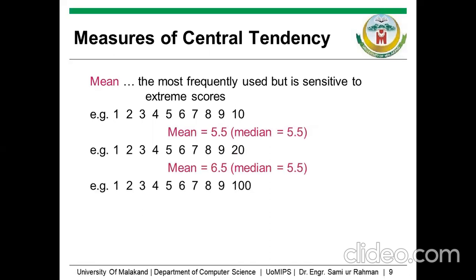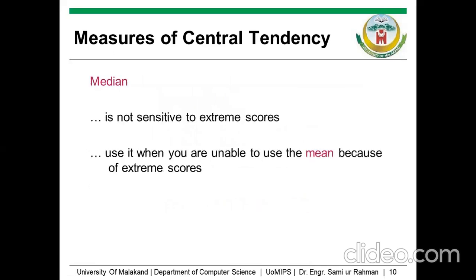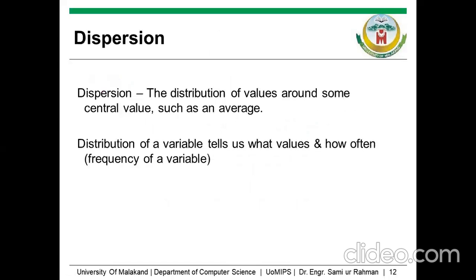So these are the different measures for central tendency. Mean. So these are the different examples. I hope you already know this. This is mean. Median is not sensitive to extreme values. We have already discussed. Mode doesn't involve any calculation or ordering of data. It is used when you categorize.